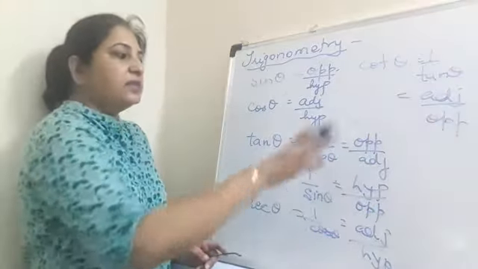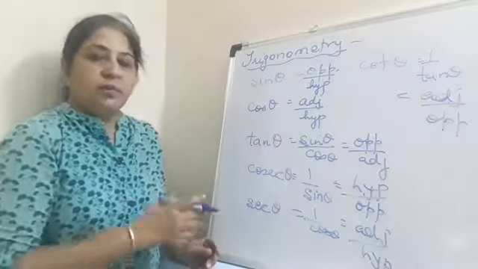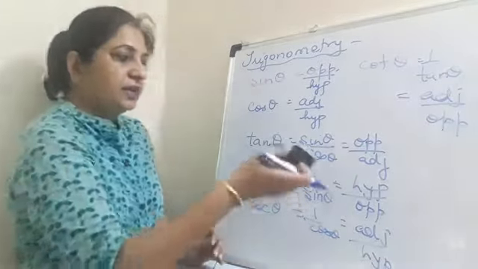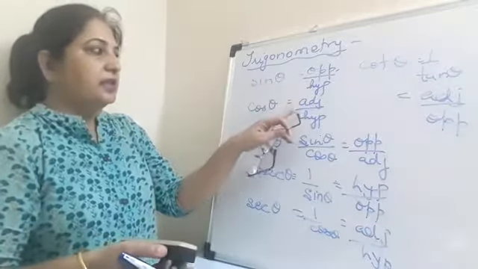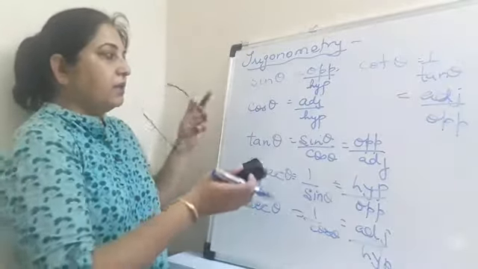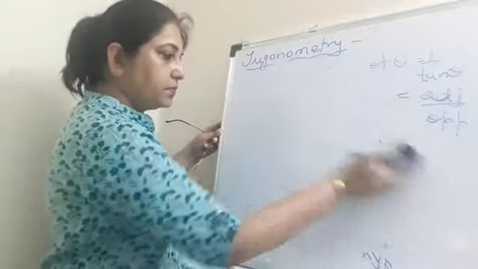Okay, so if these ratios are clear to you and if you have learnt them, then it will be easy for you to understand the exercises. These are easy because you know what are the opposite side, the hypotenuse and the adjacent side, because yesterday we discussed all this, right? So I'm rubbing this and we now begin with the exercise.